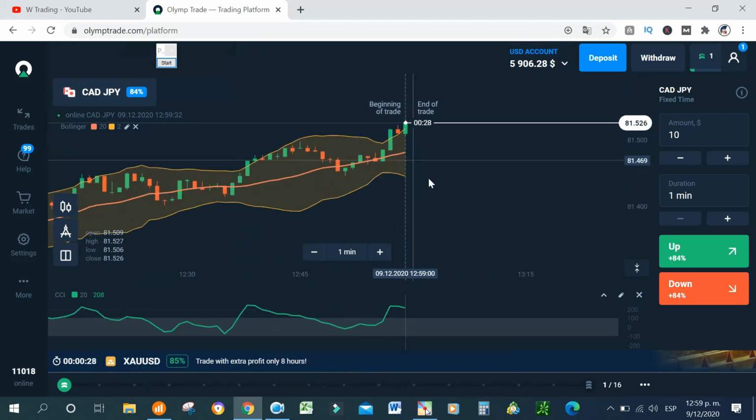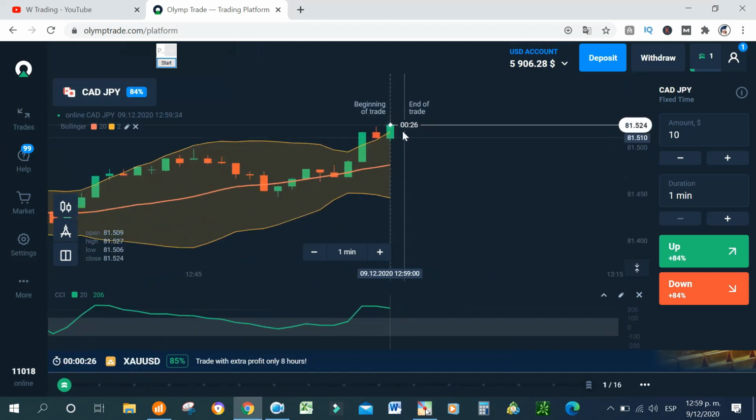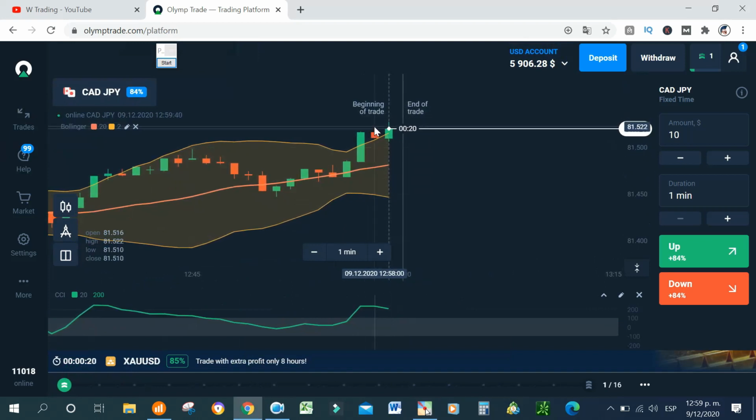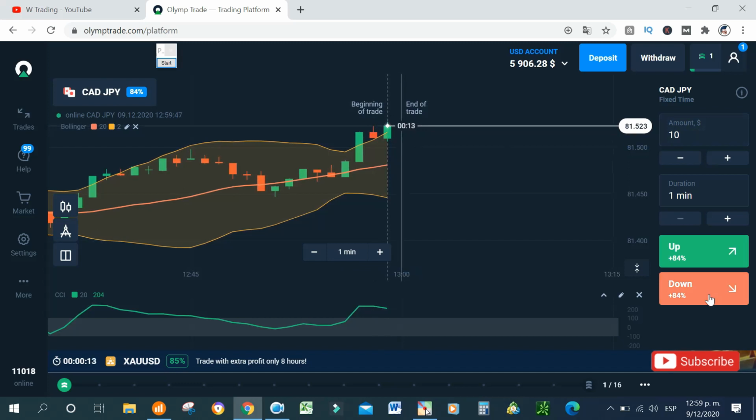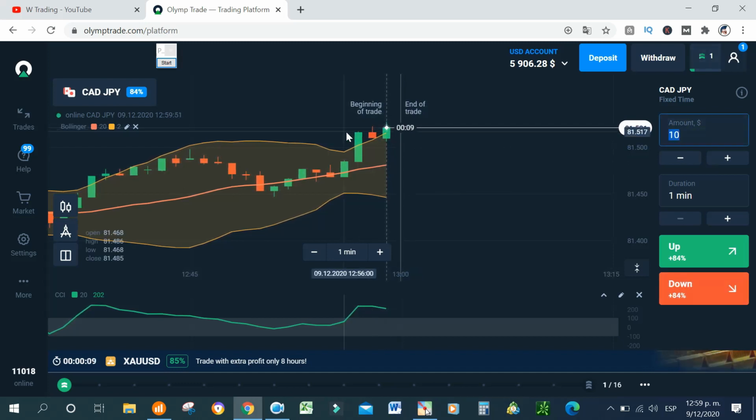Alright guys, I think I will make another trade if this candlestick closes near this high, inside of this high. I will make another entry, a down entry, but I will make it because it's a little bit risky, this one.